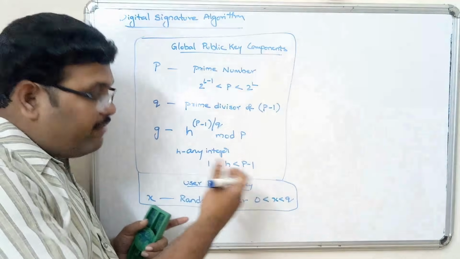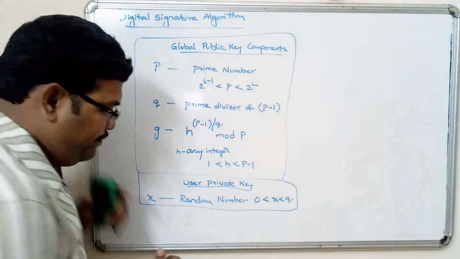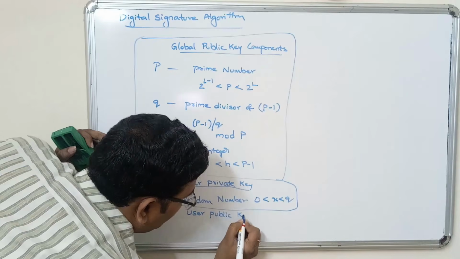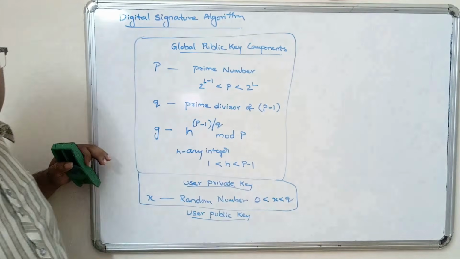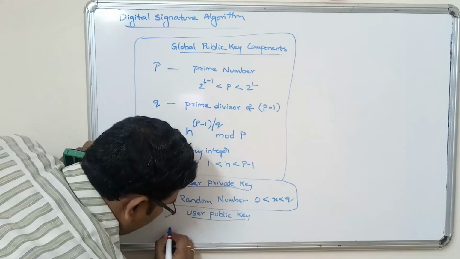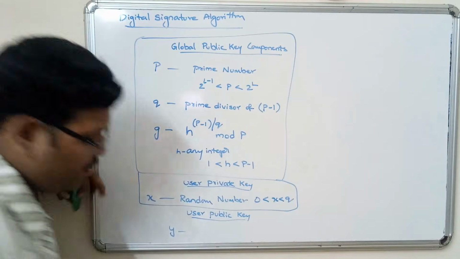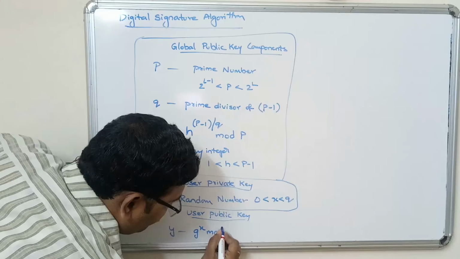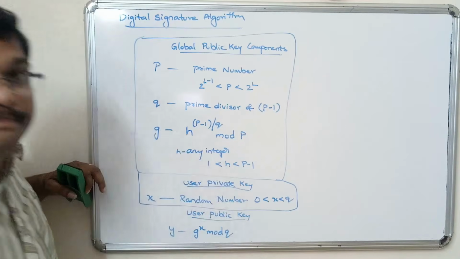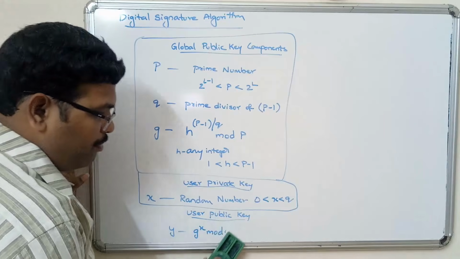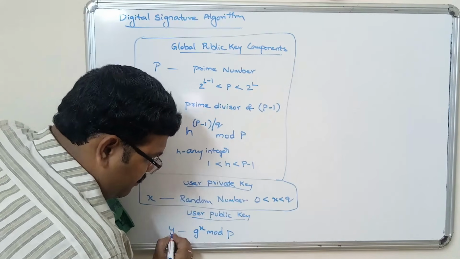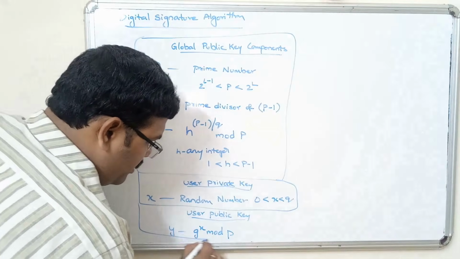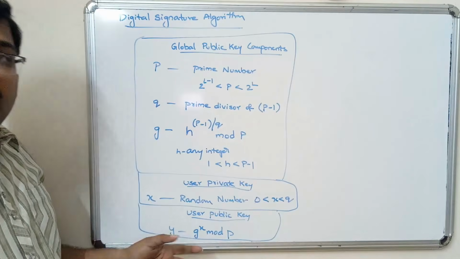Next, based upon the private key, we have to calculate the public key. The user's public key we call Y. Y is equal to G power X mod P. This is the user's public key.